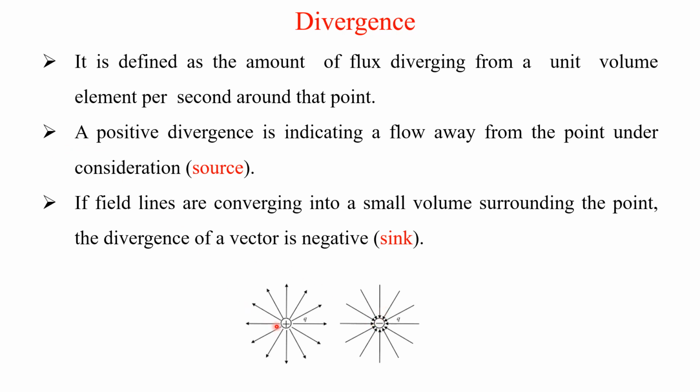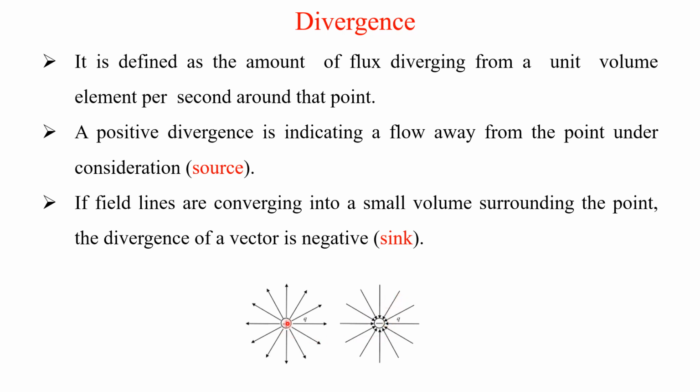A positive divergence indicates flow away from the point under consideration, that is, a source. If the field lines are converging into a small volume surrounding that point, the divergence of the vector is negative. In this case, divergence is negative. It acts as a sink.